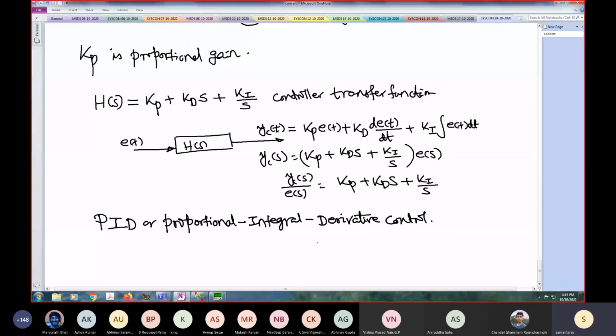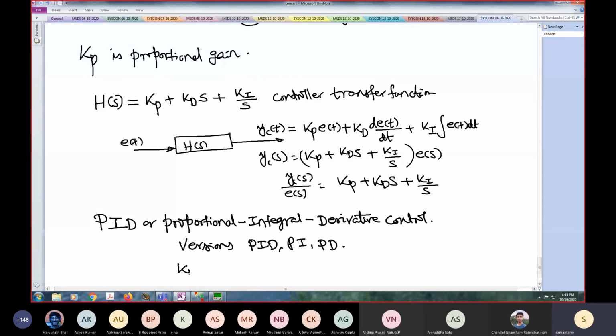Sometimes the derivative is absent, and it is PI control. Sometimes the integral is absent, and it is PD control. So you can have PID, PI, PD control, but nothing like ID control. P will always be there. So three versions are possible: PID, PI, PD.